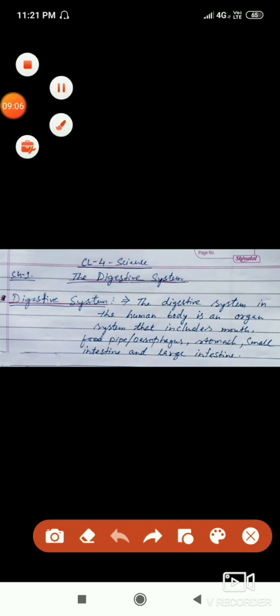We discussed this previously. Next I write digestion. Digestion is the process by which food is converted into a simpler form so that it can be used by our body to get energy and nourishment.